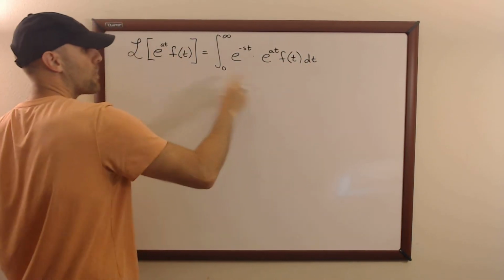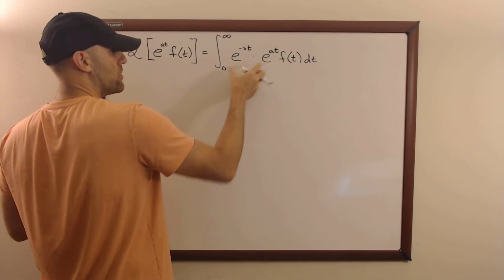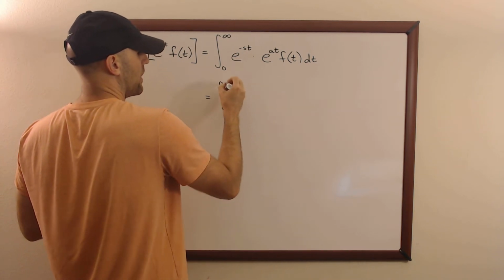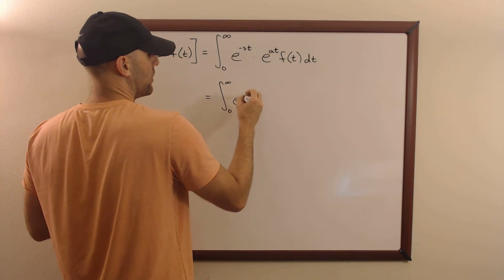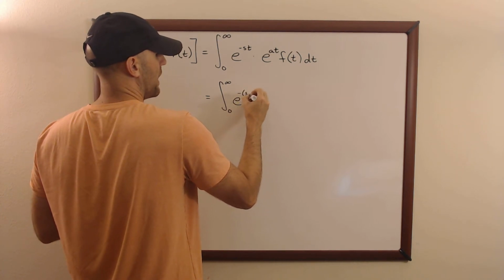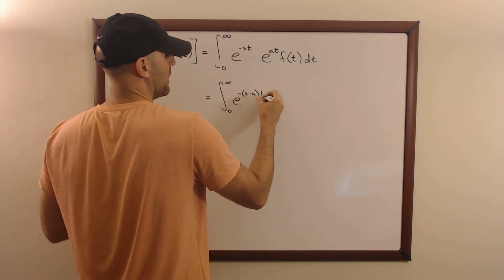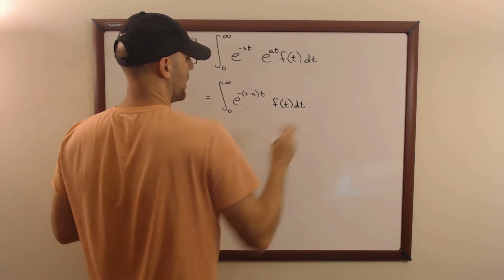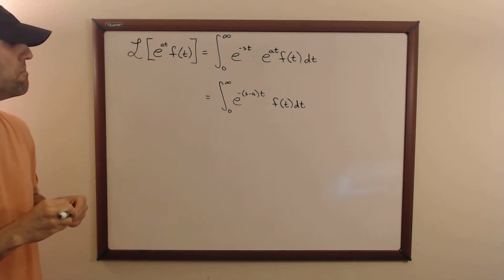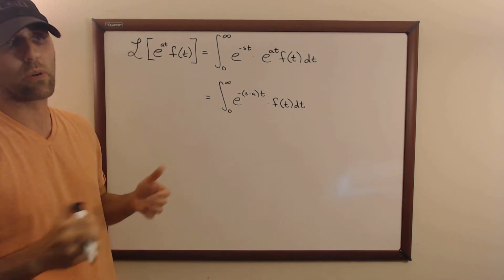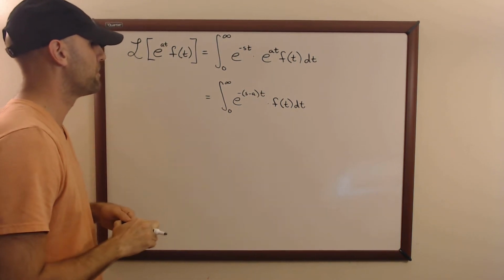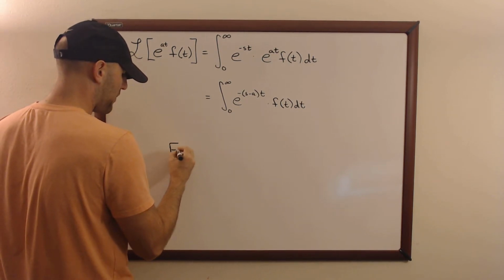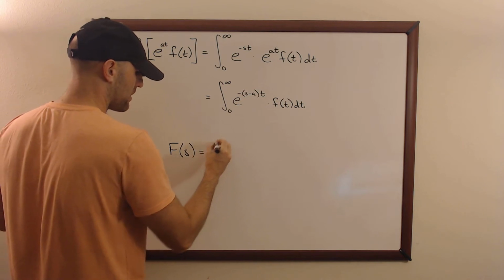But I can rearrange this just a little bit by combining these two terms, multiplying my like bases here. That's going to give me e to the negative s minus a t times f of t dt. Okay, sure. But this is F of s.